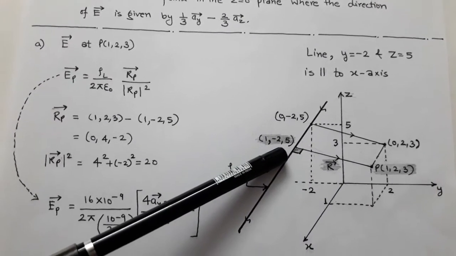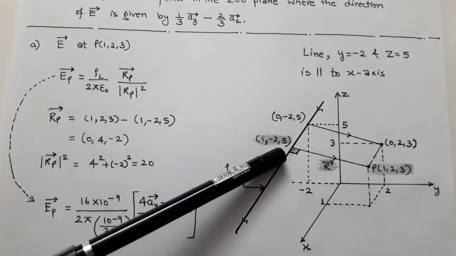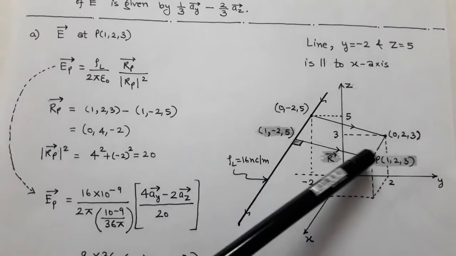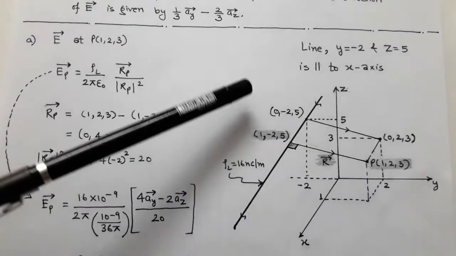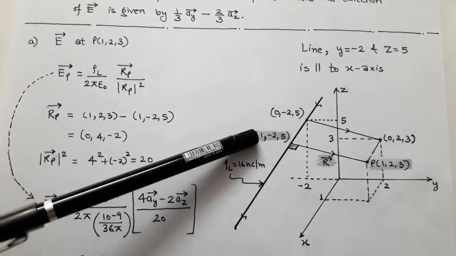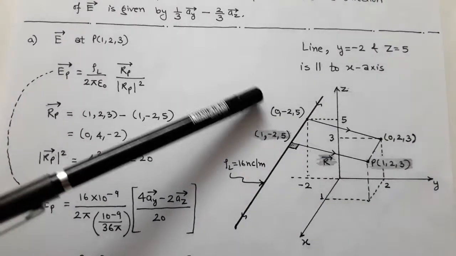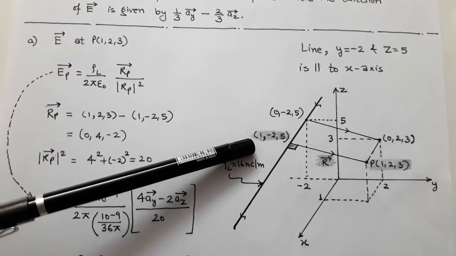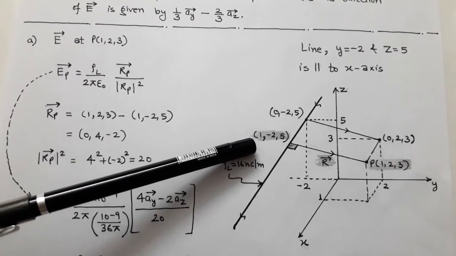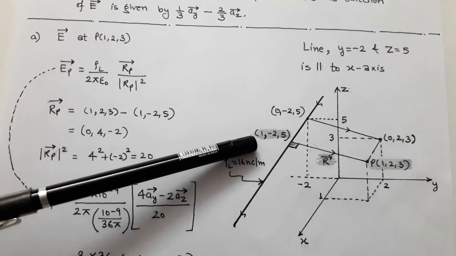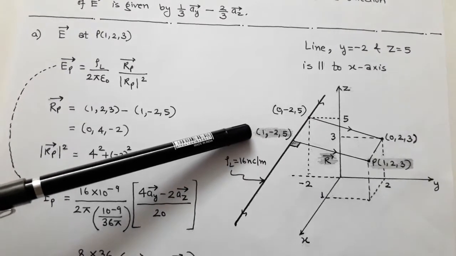For this purpose, since the line charge is parallel to the x-axis, the x coordinate is constant here. Since point P has x coordinate equal to 1, we require a point on the line charge that also has x coordinate 1.